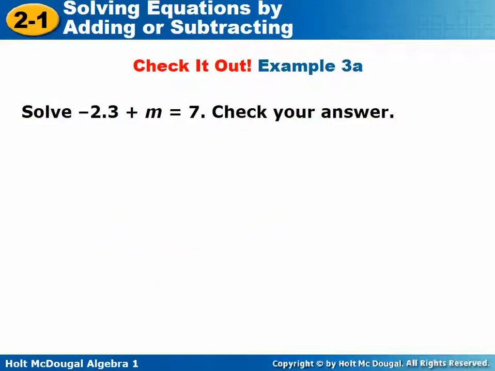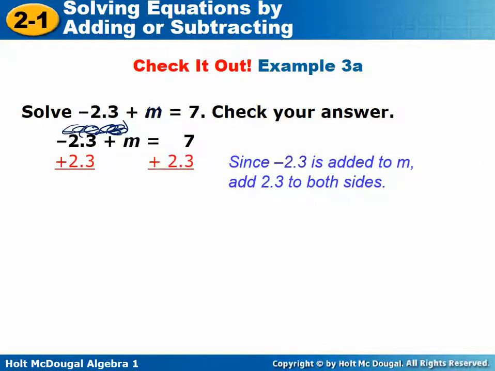Here's an example of what I was talking about. Here's the variable m. Technically, we're adding -2.3, so the opposite of that would be to subtract -2.3. But isn't that kind of confusing? So it's easier, generally, to just go ahead and add 2.3.